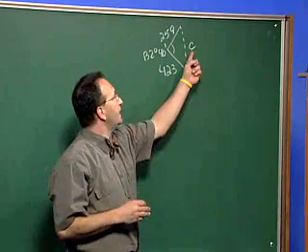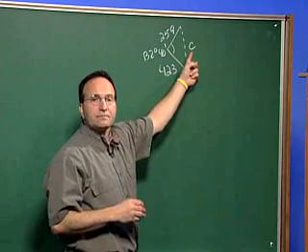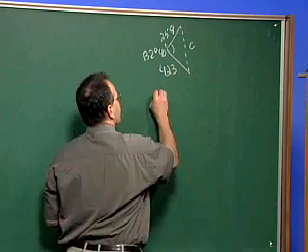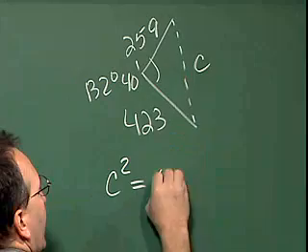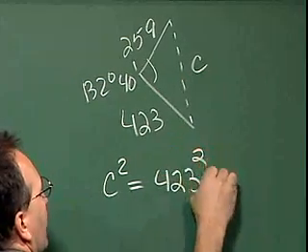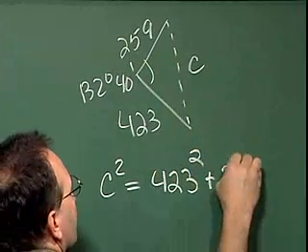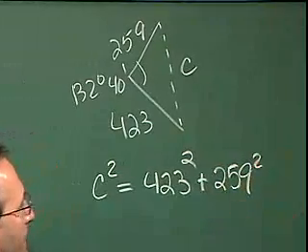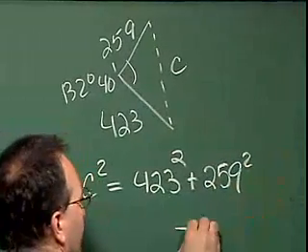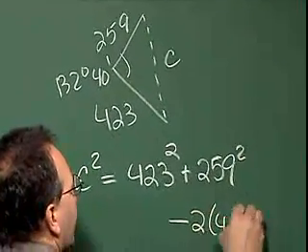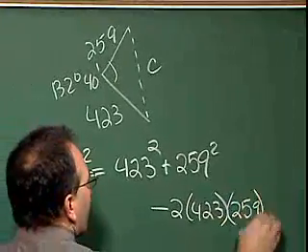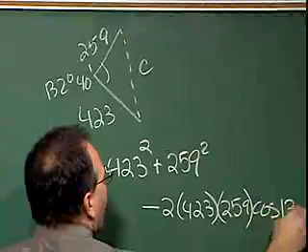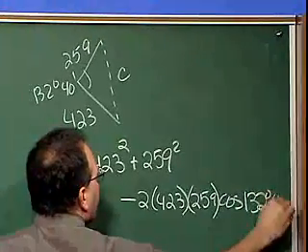We take the c squared and isolate that on the left-hand side. C squared is going to be equal to a squared, 423 squared, plus b squared, 259 squared, minus 2 times a times b times the cosine of angle C.